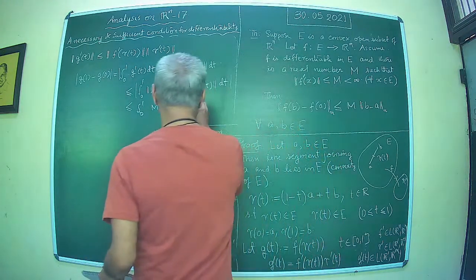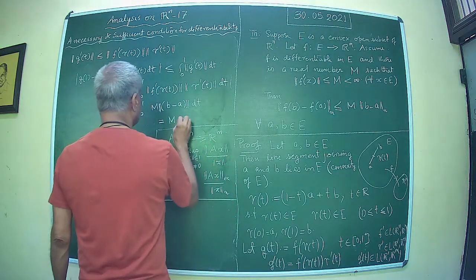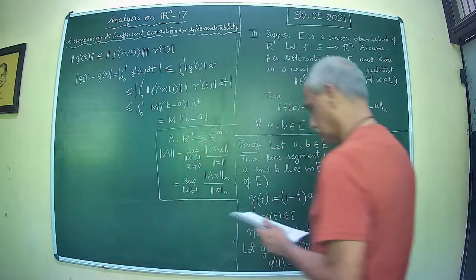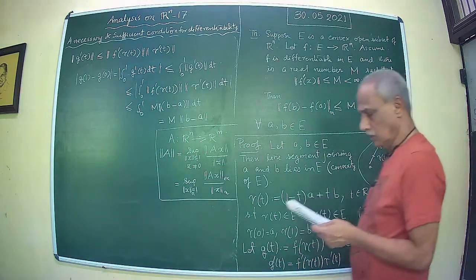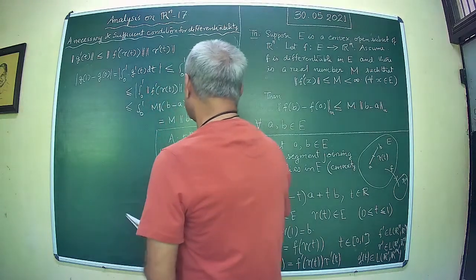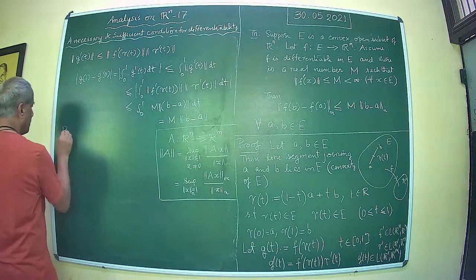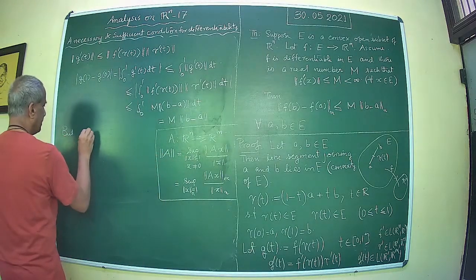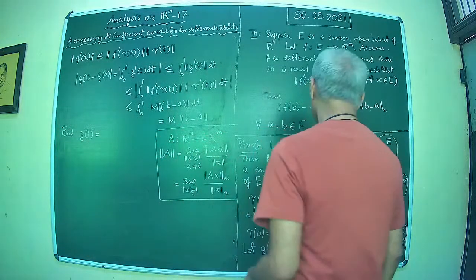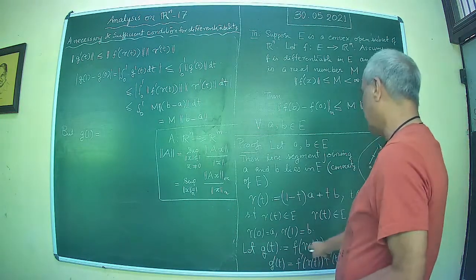Into d, which is equal to... this is exactly what we put. Okay, but G1 is equal to, what is G1? How is G defined? F of gamma t.